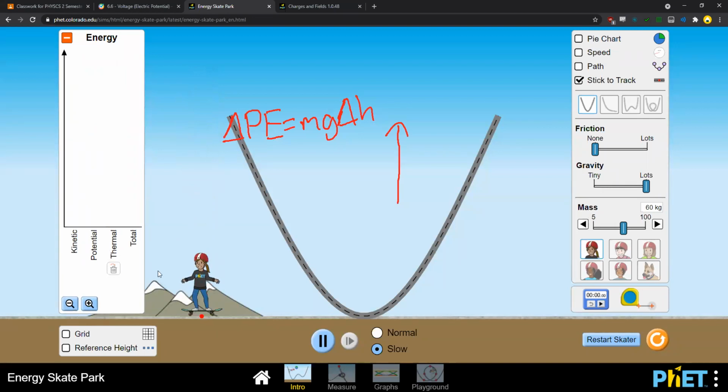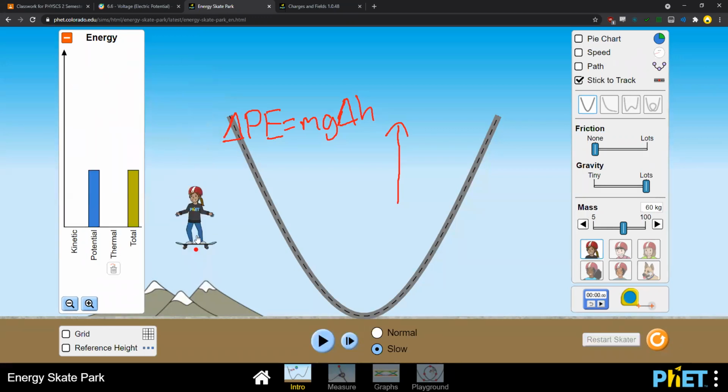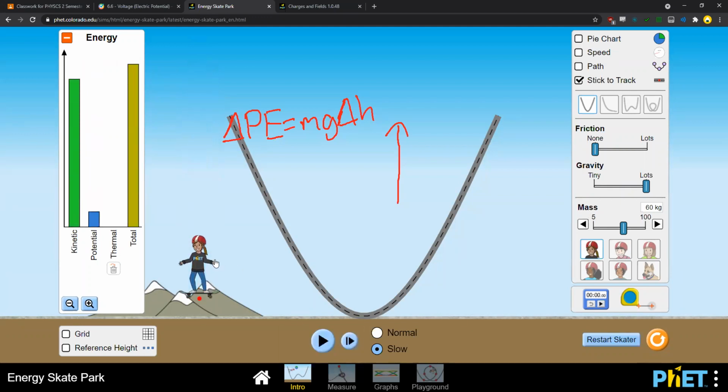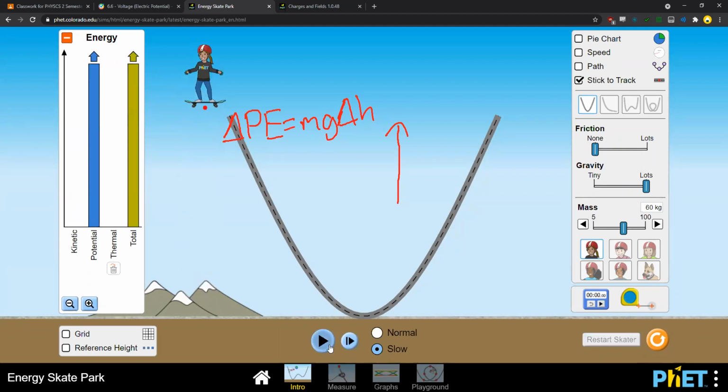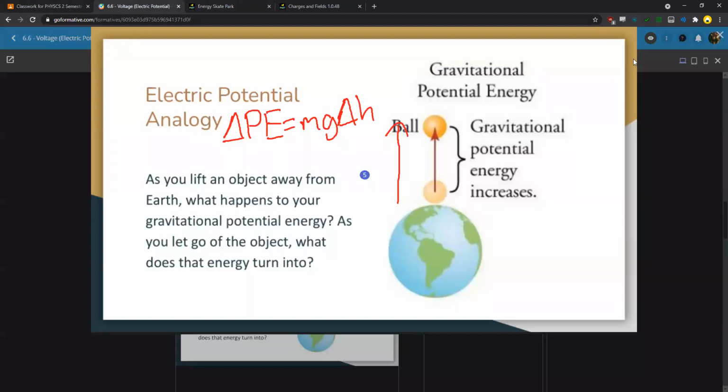All that energy turns into kinetic energy, right? All this potential energy turns into kinetic energy as I fall. I want you to keep this analogy in mind.